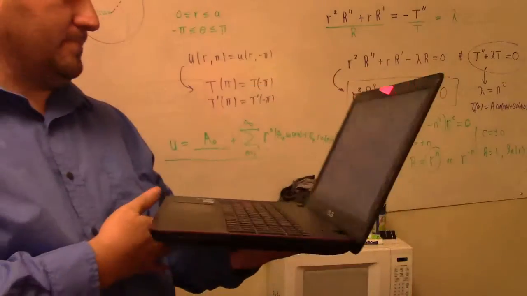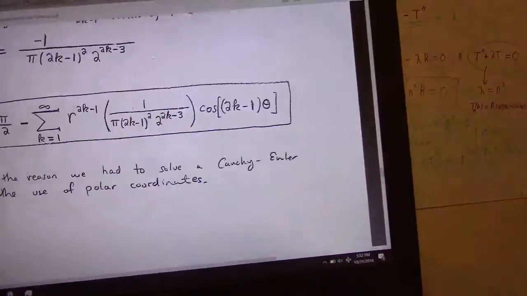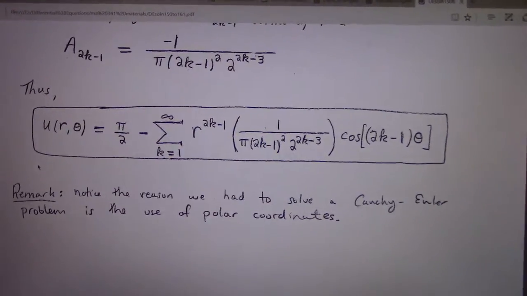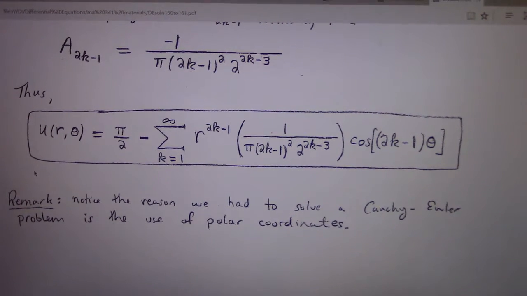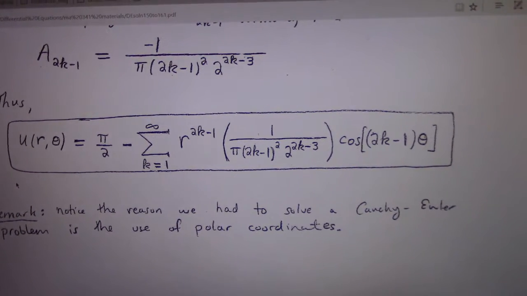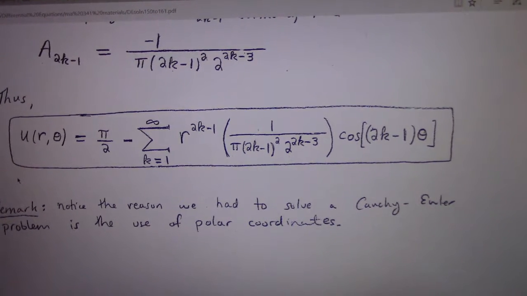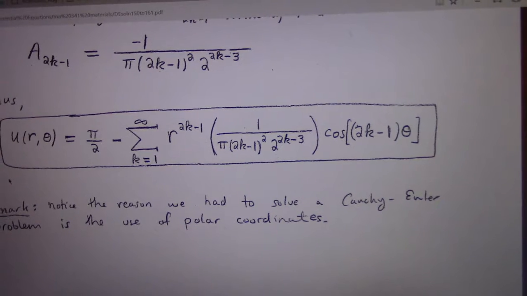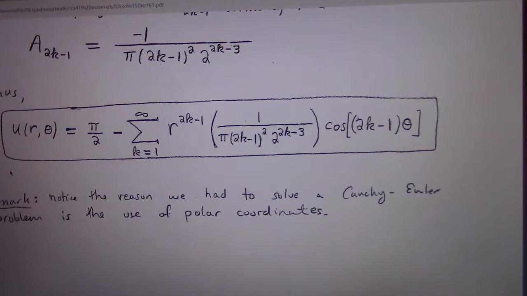Can I get a better look at that? Oh yeah, go for it. I'm trying to see if that converges or not. You've got cosine of stuff there, right? As k goes to infinity, you've got 2 to the 2k minus 3 and 2k minus 1 squared.